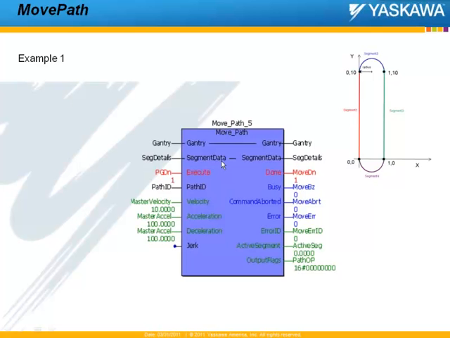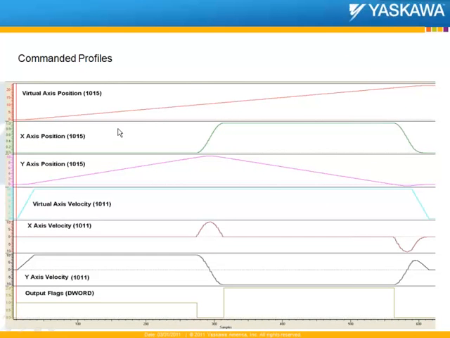And the move path basically has cam in, MC, y underscore cam in function blocks in it that basically help you generate the motion based on a virtual axis. So the virtual axis master basically moves from the point where it's at to a certain distance that is calculated with the path generator, and it also makes the x and y axes move along a certain path.